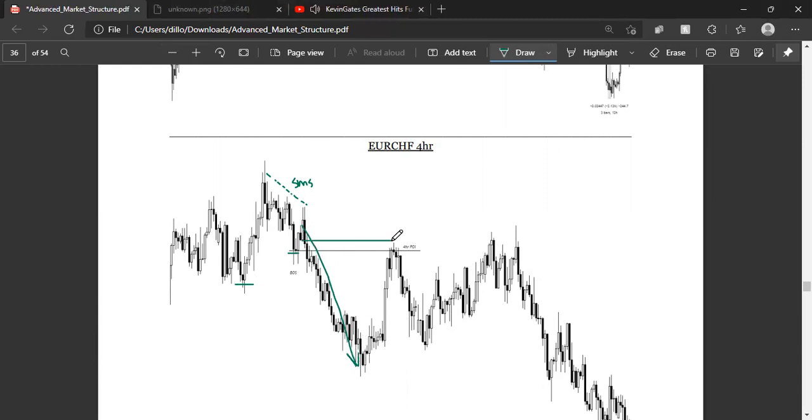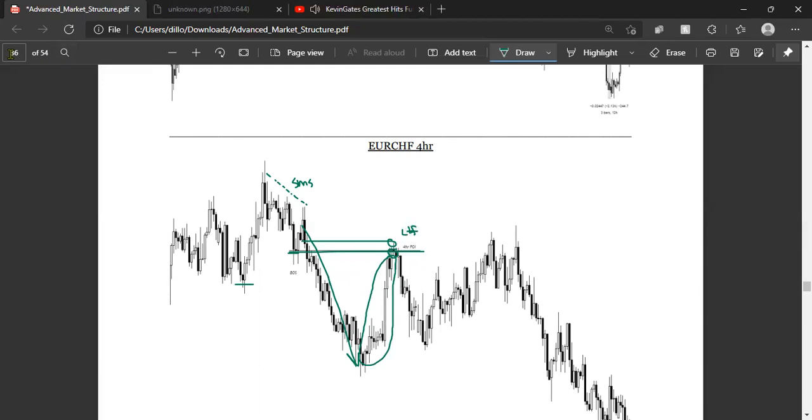So ultimately we could be looking here, or maybe there's no inefficiency, but maybe here or here. So when price reaches back into that area, when it does its retracement, we want to go to a lower time frame.